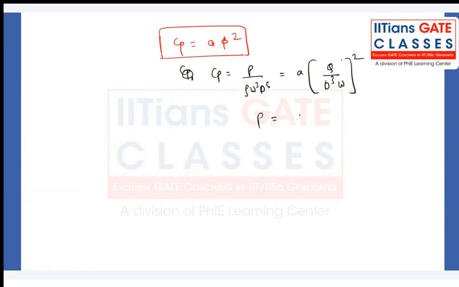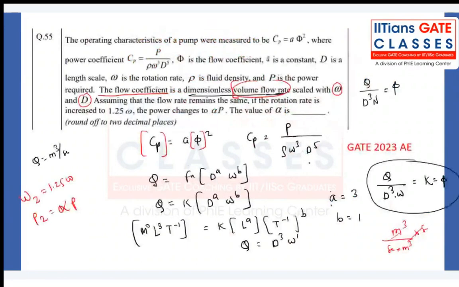A times Q square, omega cubed over omega square, rho will be here, and D cubed into D to the power 5. So power will be directly proportional to what?